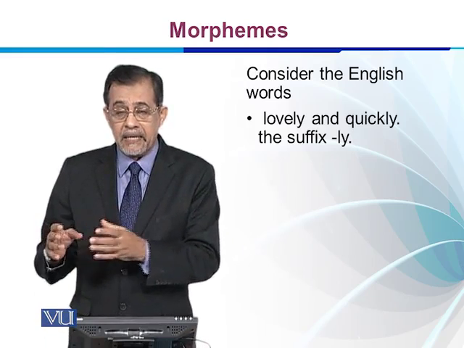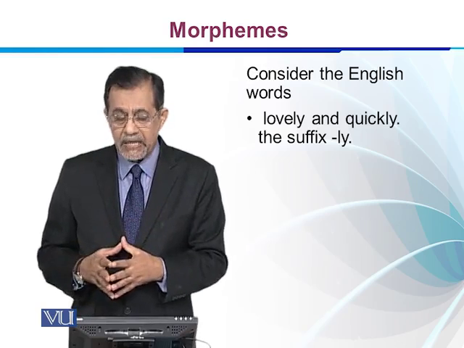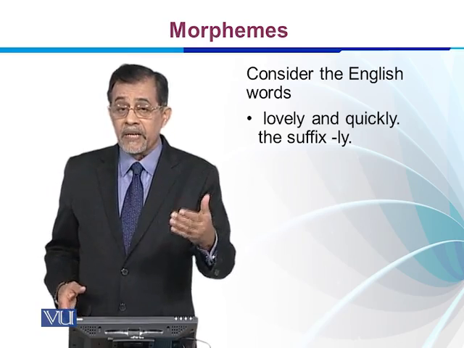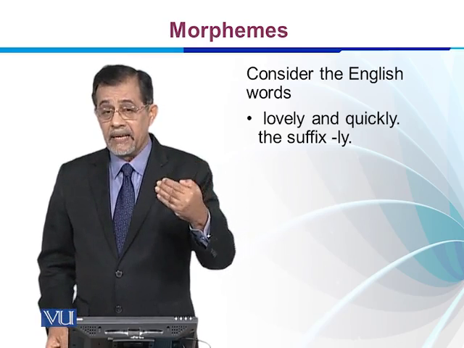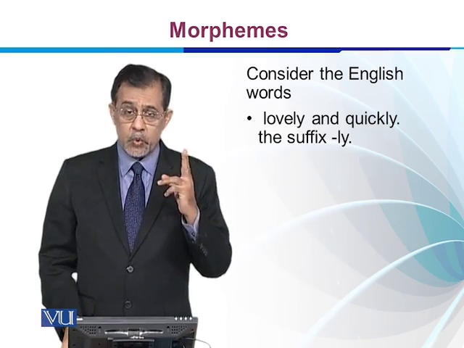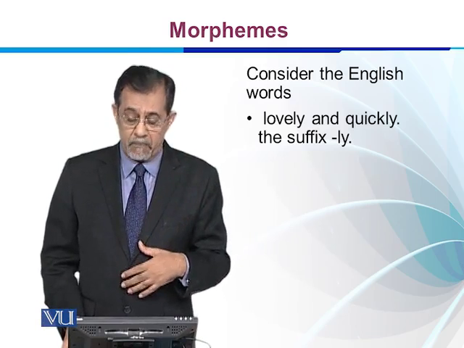The ly of rapidly can go with the ly of quickly because they are both adverbs. But lovely is love, that is a noun, and then added ly, which made it an adjective. So they are two different morphemes, not the same, though apparently they look the same.